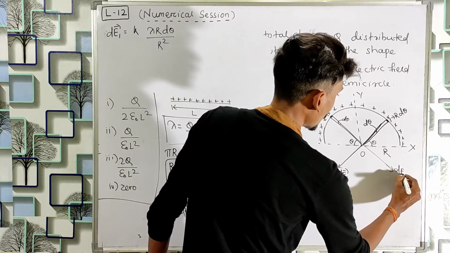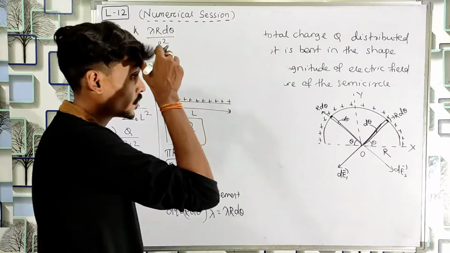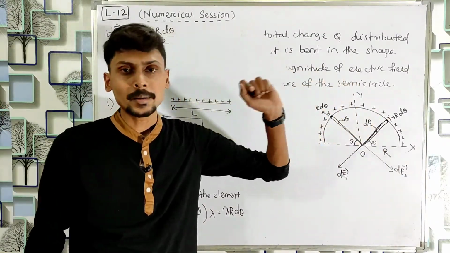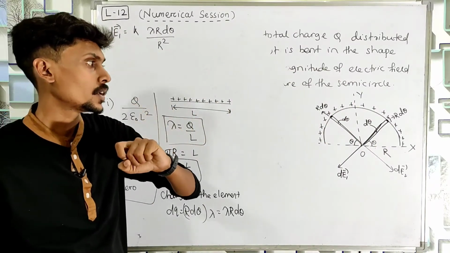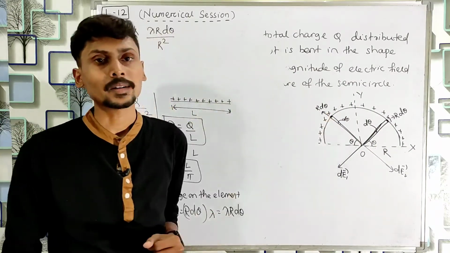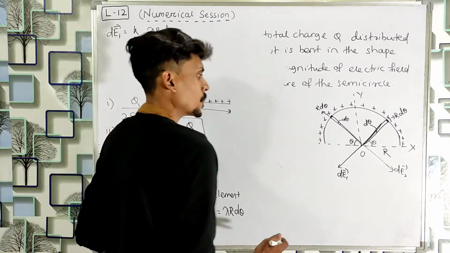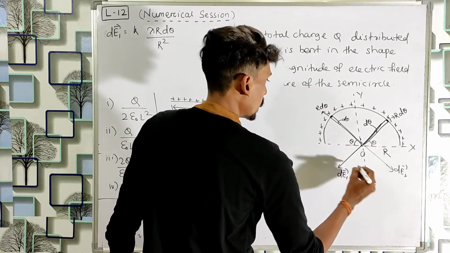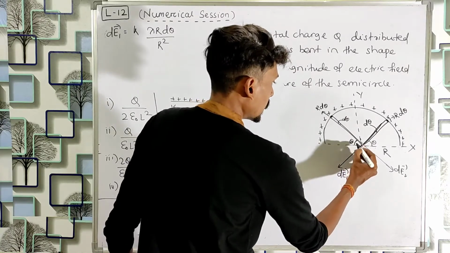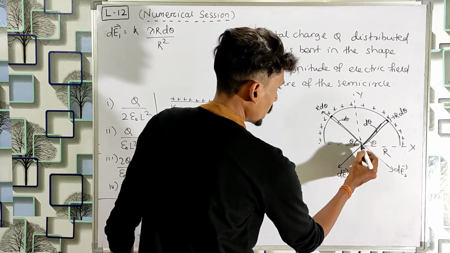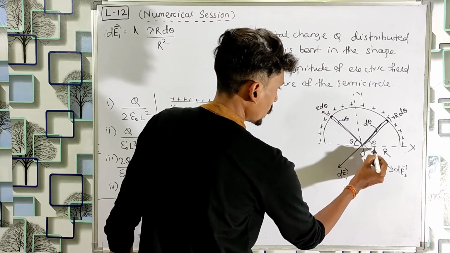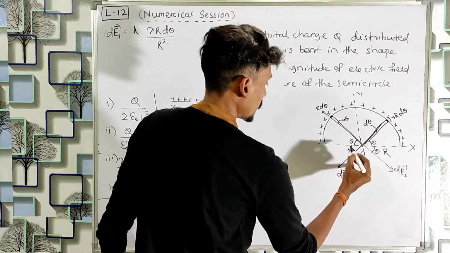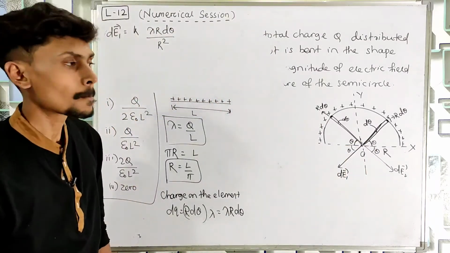This is the dE2 vector. So the dE1 vector is the electric field due to this element, and the dE2 vector is the electric field due to this element. Is that clear? Now let us resolve these two electric fields. If this angle is theta, then this angle will be theta, because they are opposite angles.